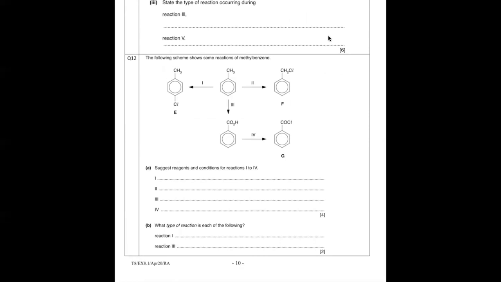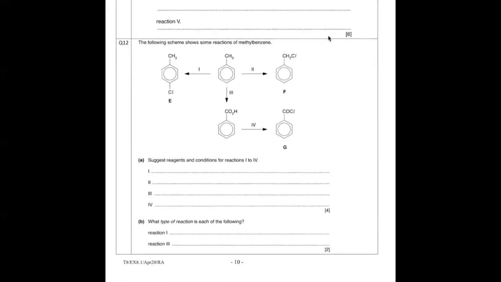Basically, this is something similar as well. I think this looks familiar to one of the questions that you did earlier on, but it's okay. Right, CH3 methylbenzene. So we will look at route number 1 first here. Okay, you start with a methylbenzene and then you end up with an additional chlorine, and that chlorine is sitting on your benzene ring.